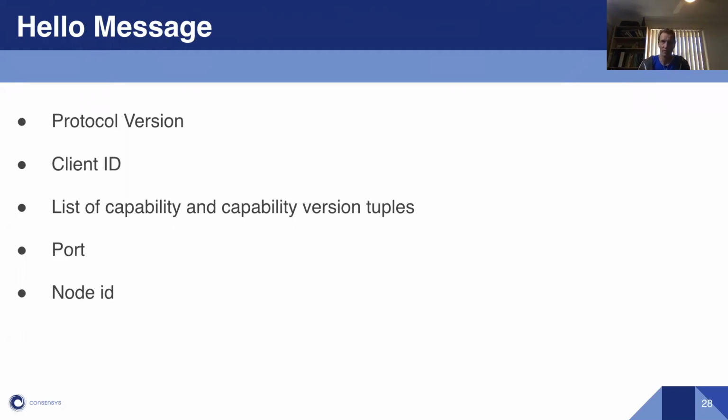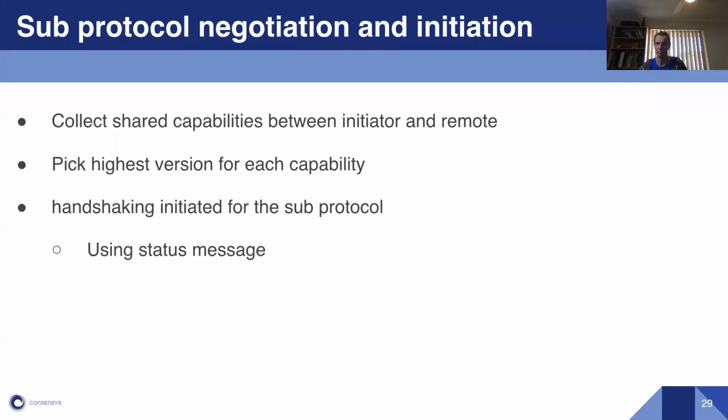Having sent the hello message, the two clients are then entering into a phase of sub-protocol negotiation and initiation. The goal of this is to work out what protocols you can use to communicate with each other and what version number to use in doing that communication.